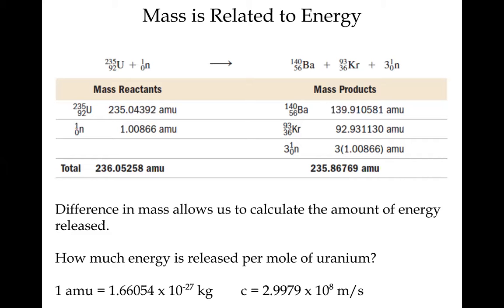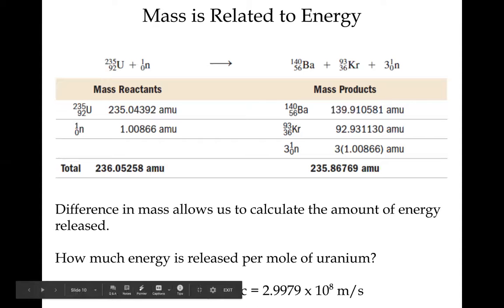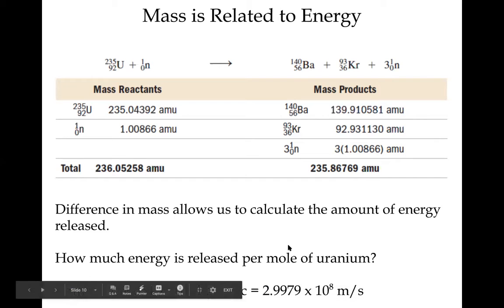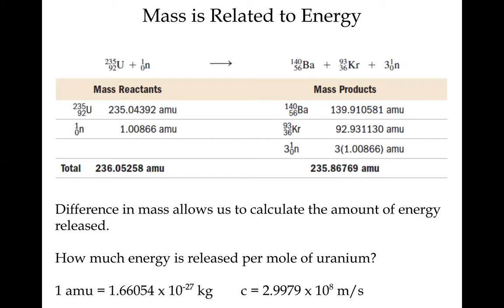So we have a handy equation at the bottom that says 1 AMU is equal to 1.66054 times 10 to the negative 27. That's a conversion factor. We can use that to convert the mass defect into mass, and multiply it by the speed of light squared. The speed of light is 2.9979 times 10 to the 8th meters per second, and that will give us joules.